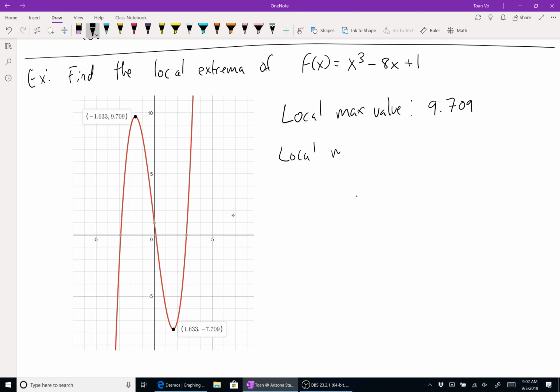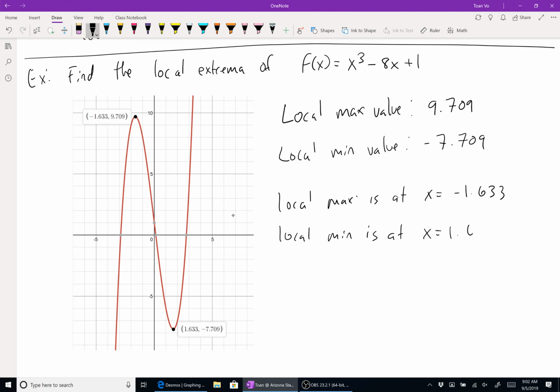The local min value is negative 7.709. If I ask you where is the local maximum, the local max is at x equals negative 1.633, and the local min is at x equals 1.633.